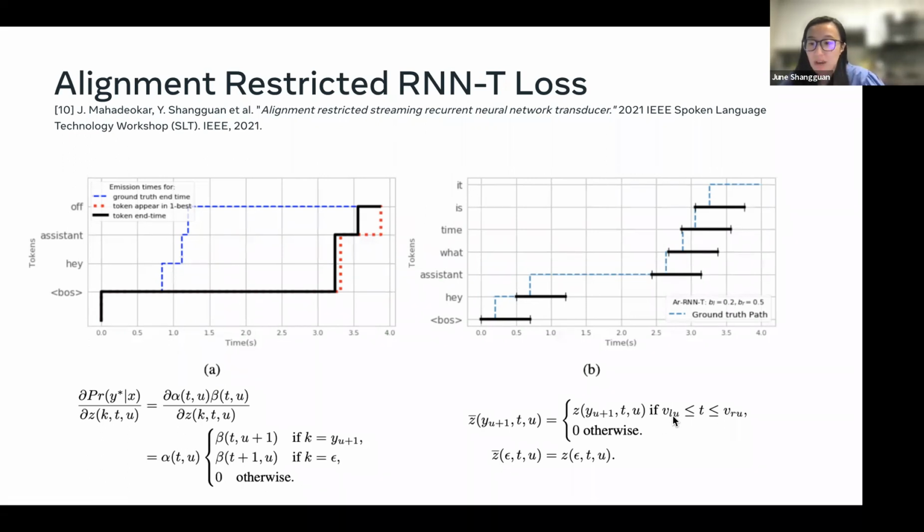Here we only set it as non-zero if the token is emitted from within this bracket. This bracket is defined by a left boundary and a right boundary. You can emit at the extreme end of the left boundary, which means early emission, or the right boundary, which is a controlled late emission. By doing so, we force the model to emit tokens within this ground truth alignment.